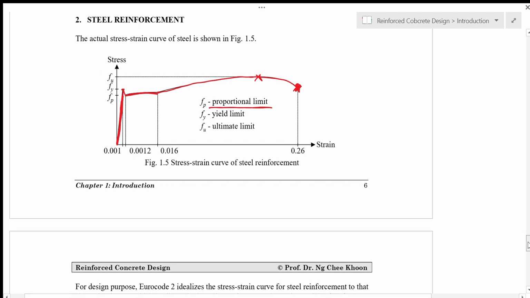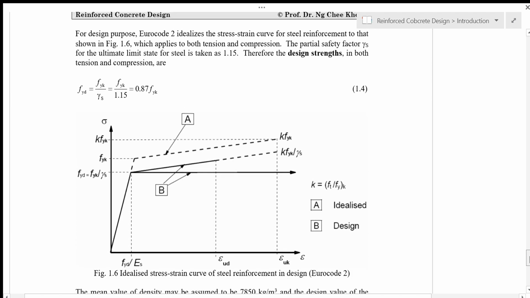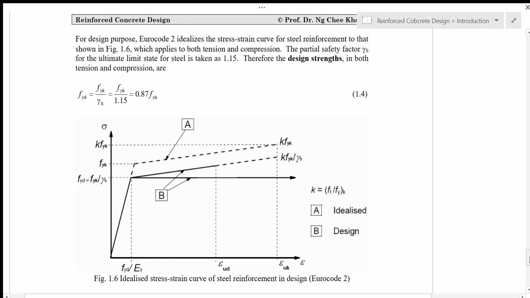So also in design we have to simplify these curves here, and normally we simplify into this curve here. And then this yield stress of the steel we reduce to the design stress fyd. So fyk is the characteristic strength of the steel, and fyd is the design strength of the steel. So fyd is fyk over a partial safety factor gamma s.